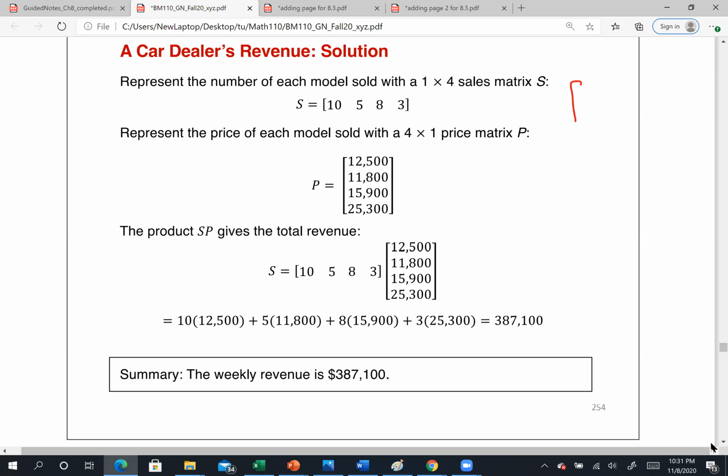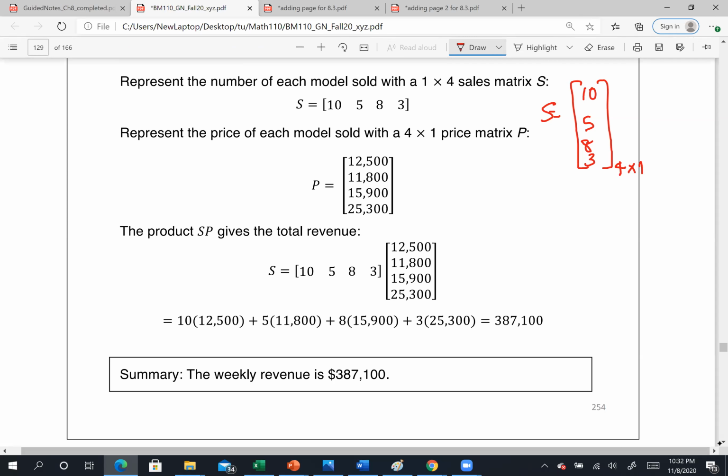Here I am using a 1 by 4 matrix. Someone may use a 4 by 1 matrix. That should be okay too. But later on, you're going to choose the price matrix with a different dimension. If you use S equal to 10, 5, 8, 3, which is 4 rows by 1 column, that should be okay.